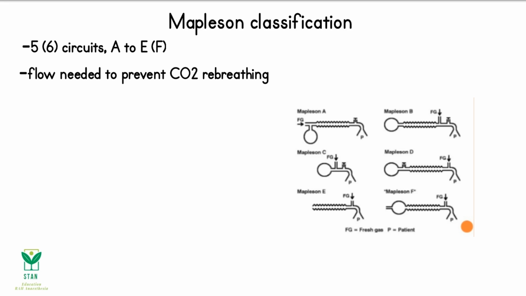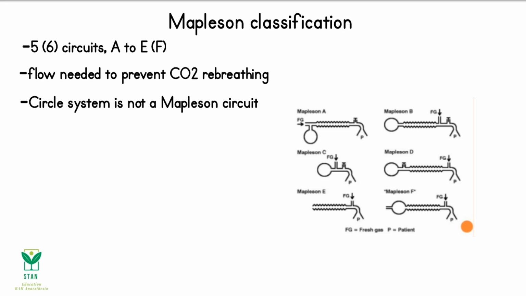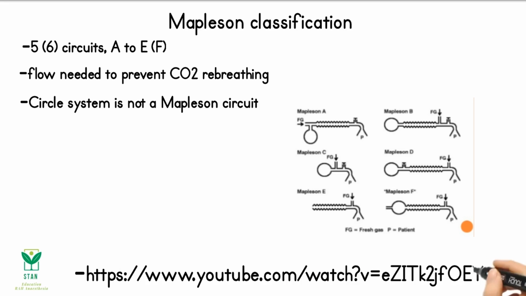Please note that the circle system is not included in the Mapleson classification. If you want to delve into the systems other than the Mapleson D, please use the YouTube link on the slide and in the description.